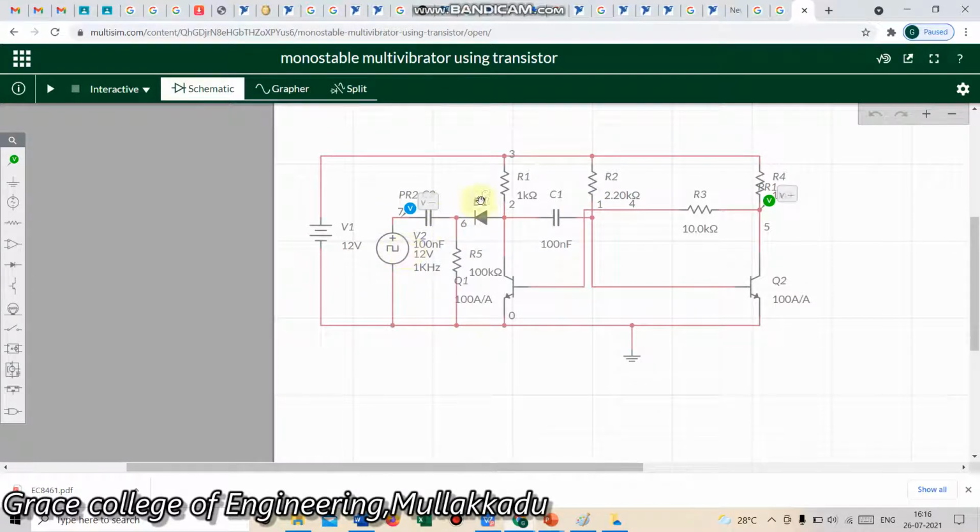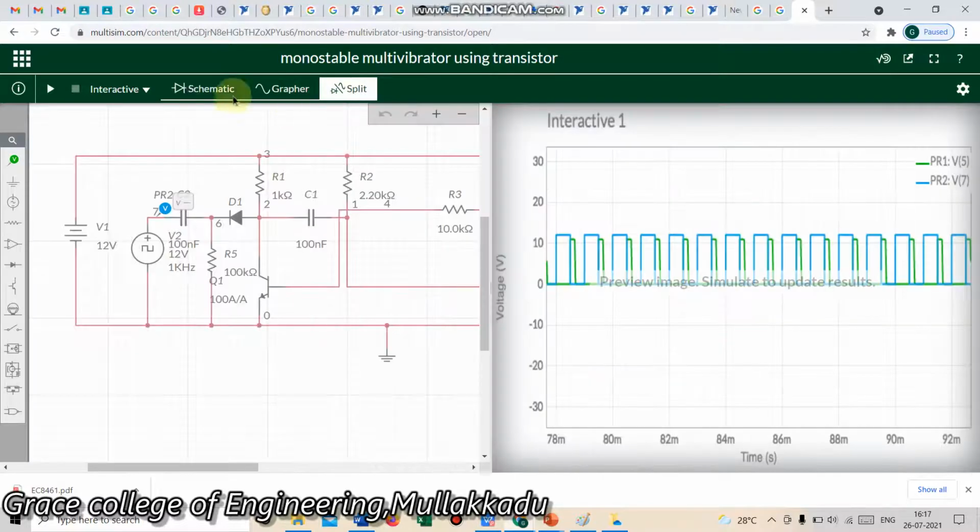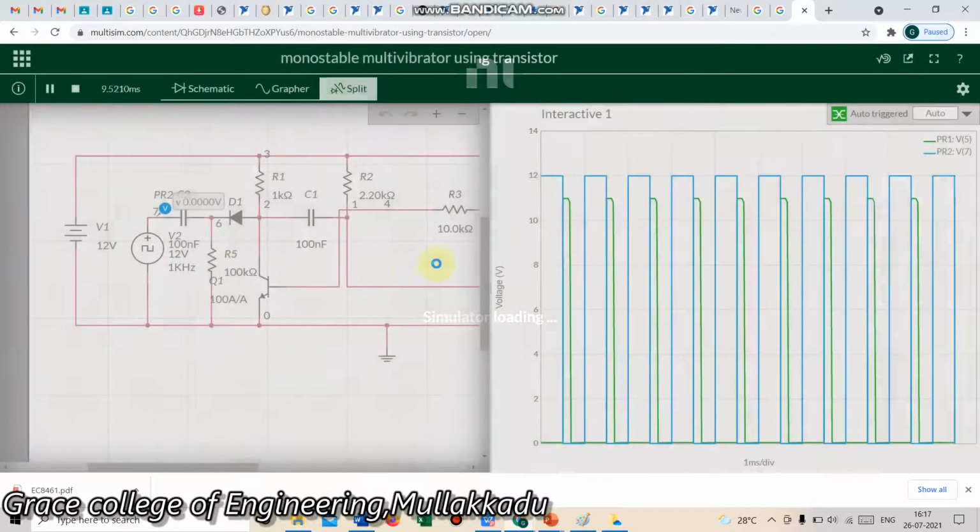When a square pulse is given here, it produces a spike at the base terminal of Q2, and this network is an RC combination series network, and the other network is an RC combination parallel network. Here only one BJT is given the triggering pulse, and the other BJT is not given any triggering. Hence, the triggering pulse will move it from the stable state to the quasi-stable state, so that we can see the output at the collector of the two stages.